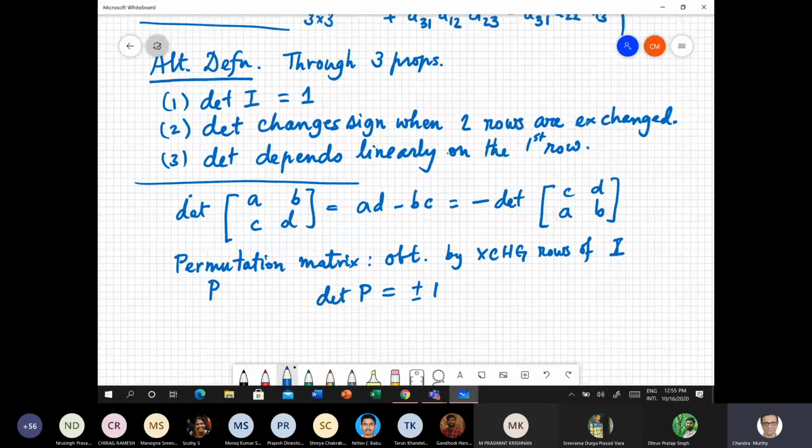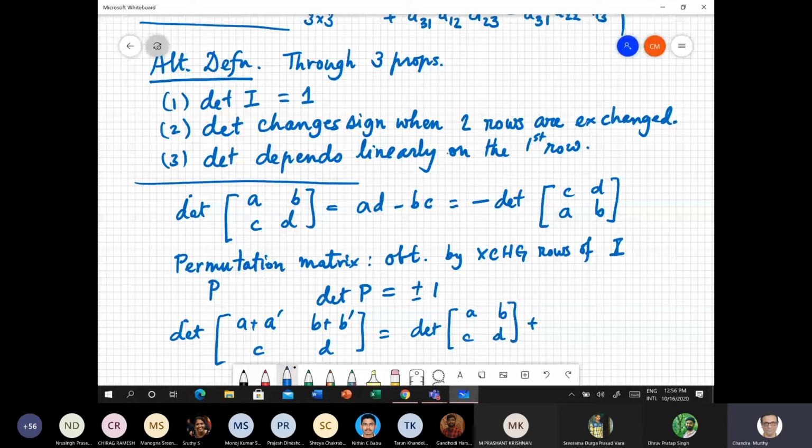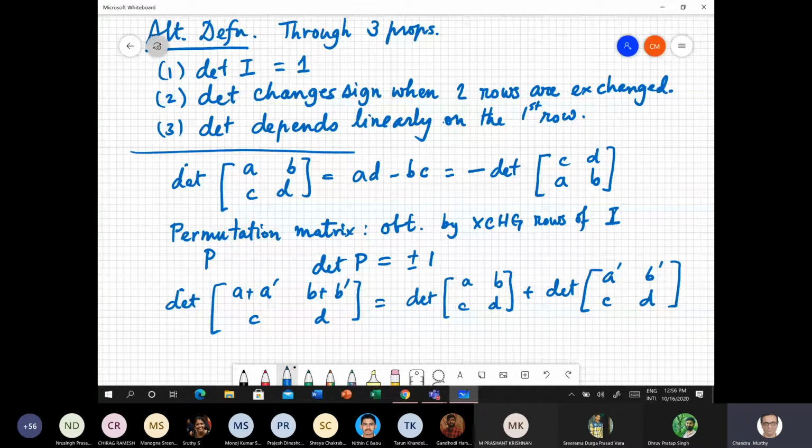And by linear in the first row, what I mean is that if I take the determinant of the matrix A plus A dash, B plus B dash, C, D, this is equal to the determinant of A, B, C, D plus the determinant of A dash, B dash, C, D. So I can take linear combinations of the first row, and the determinant can be split as a sum.